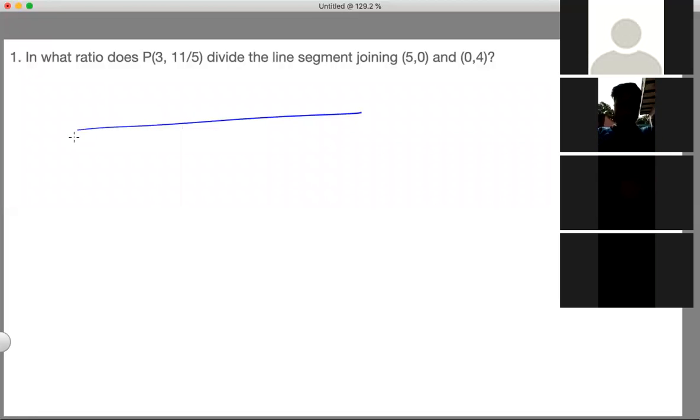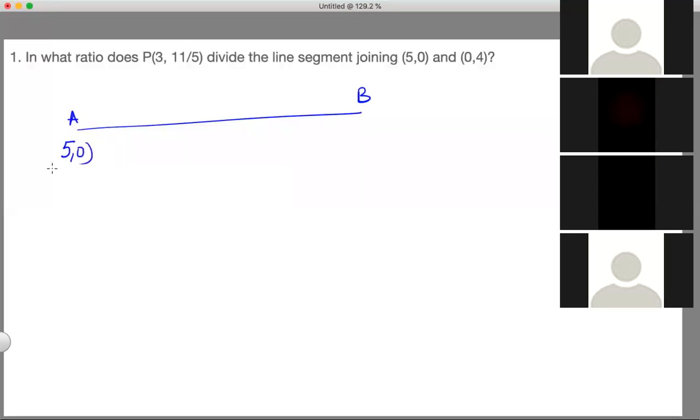Let me call these points A, B. This point is (5, 0) and this point is (0, 4), and it's given that there is a point here. In what ratio does it divide?